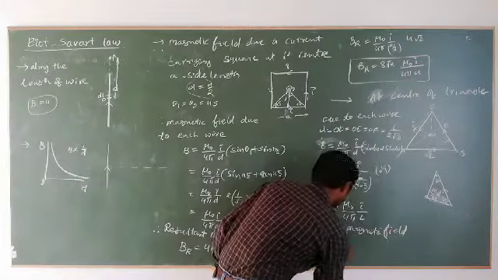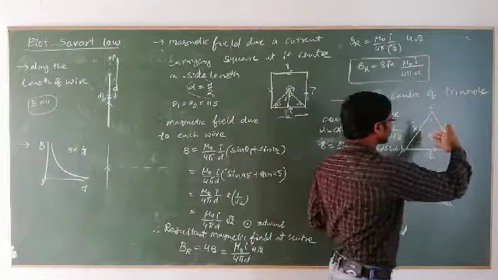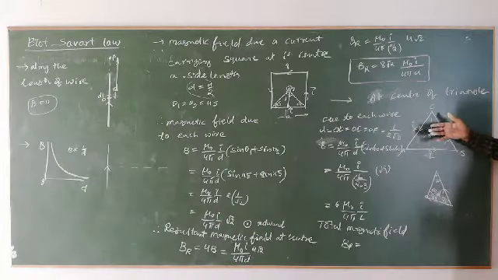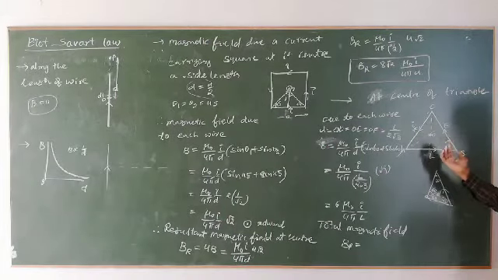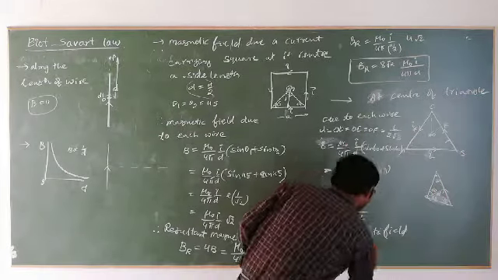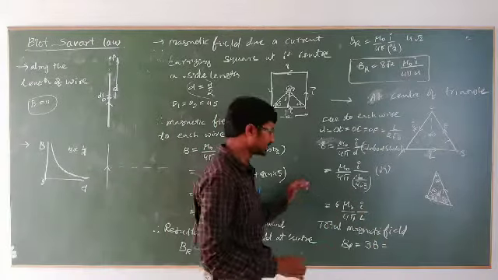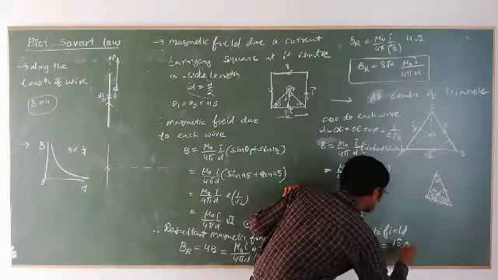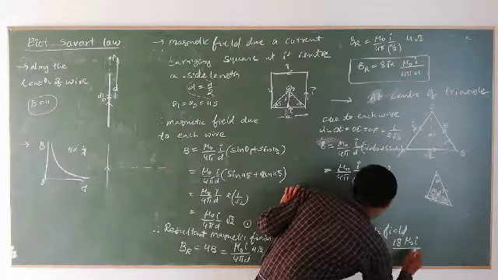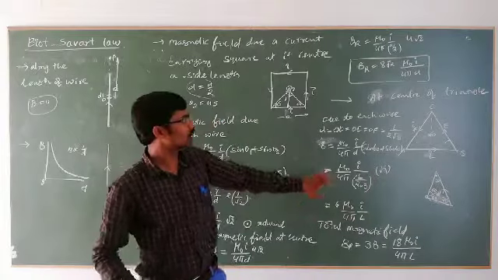L is the length. Now at the center of the triangle, you can see that if you have taken ABC, D, E, F, due to each wire, what is the magnitude at this point? The magnitude of B due to each wire is the same, because the same current is flowing at the same distance.